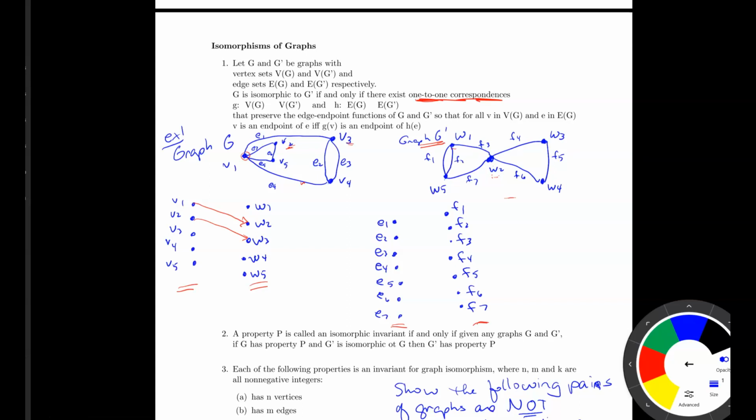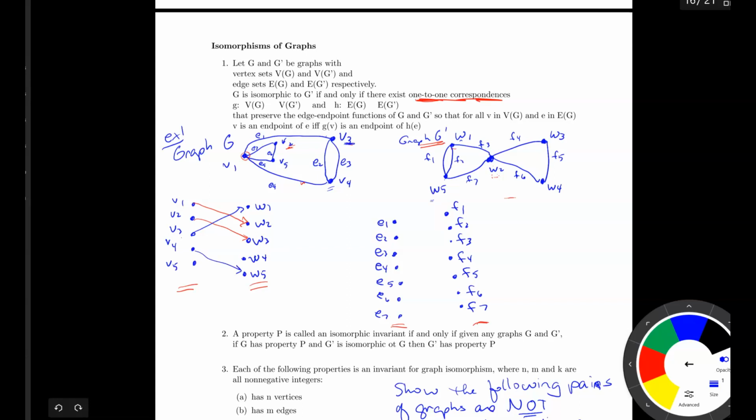All right, so V3 is here, and it has to have a degree 3 and has to be connected to V1, so that looks like I'm going to go to W1. So V3 goes to W1. Then V4 has degree 3, so I'm thinking that's going to go to W5.